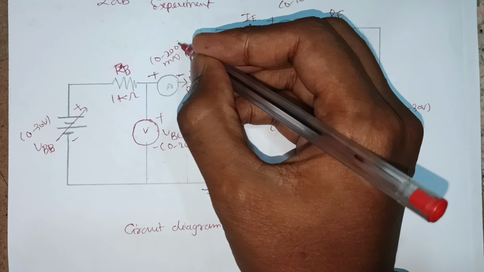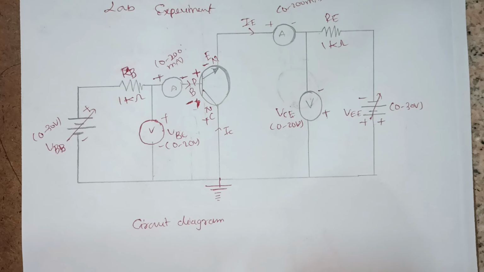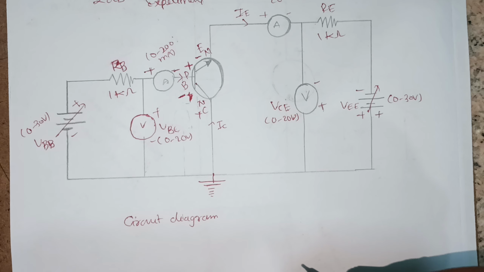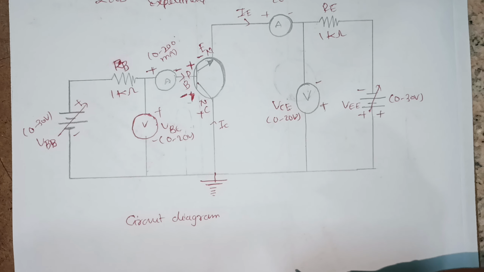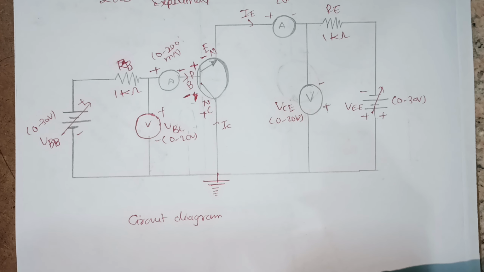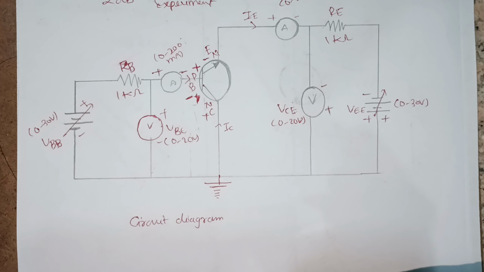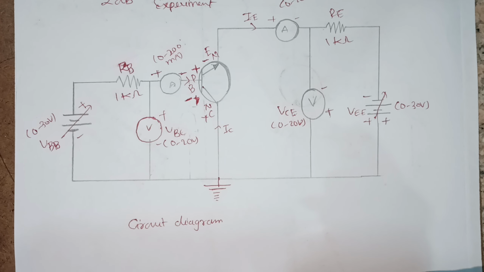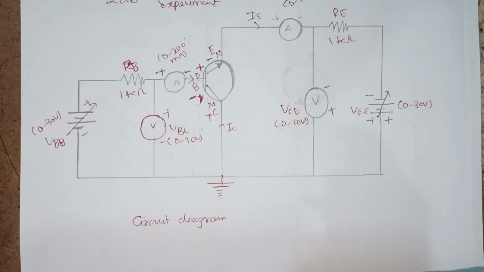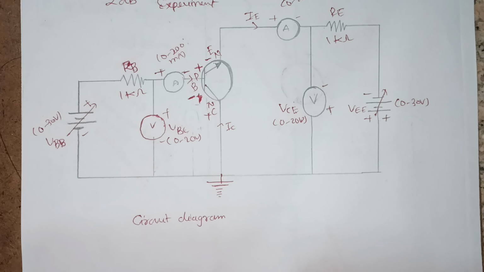Here it can measure 0 to 200 milliamperes. If the current is more, the transistor would be destroyed, so we are using a resistor. The resistor resists the flow of current. It acts like a narrow pipe. When water flows through a narrow pipe, it meets some resistance and flows slowly, and its velocity decreases under high pressure.